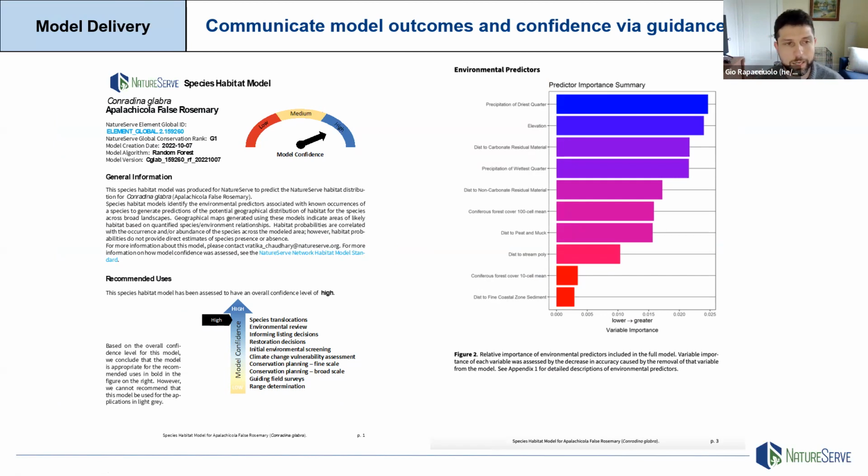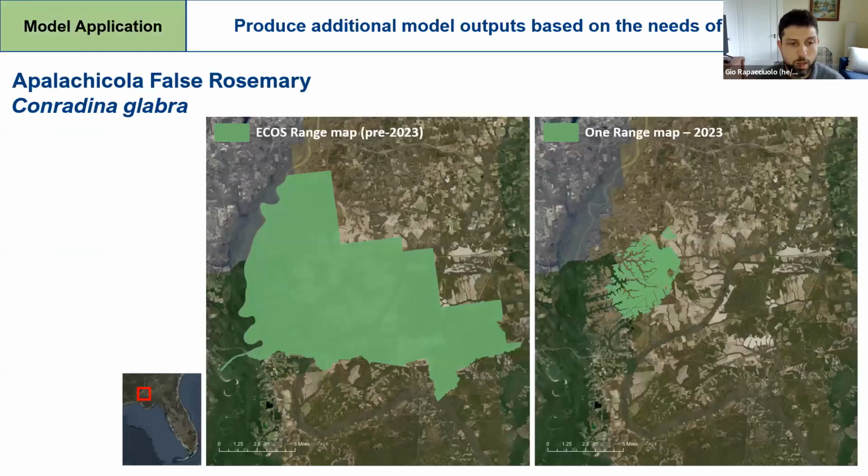I just want to show a few examples of model applications here as I move towards wrapping up. As I mentioned, this model was initially aimed at updating the ECOS range map, which was known to be overly inclusive and, I believe, based on county boundaries.